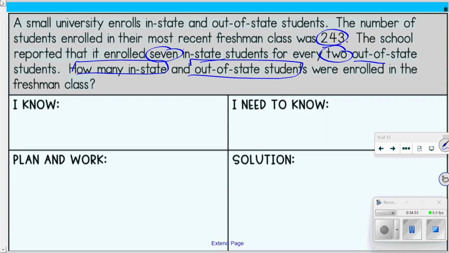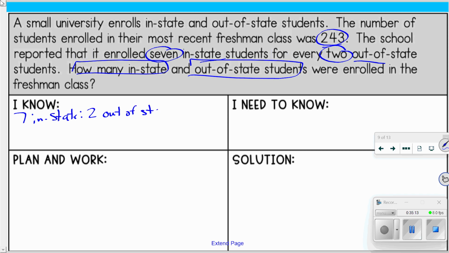So what do you know? I know 7 in-state students for every 2 out-of-state students. Okay, so 7 in-state, 2 out-of-state.